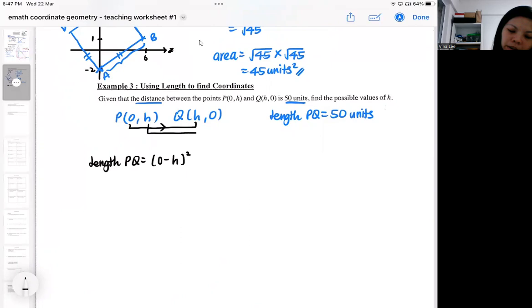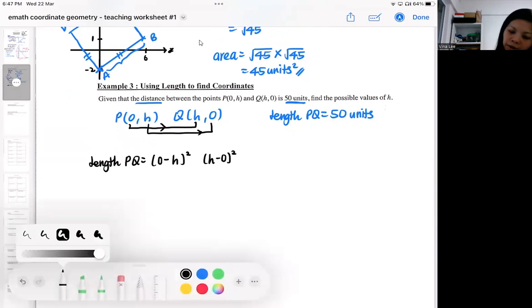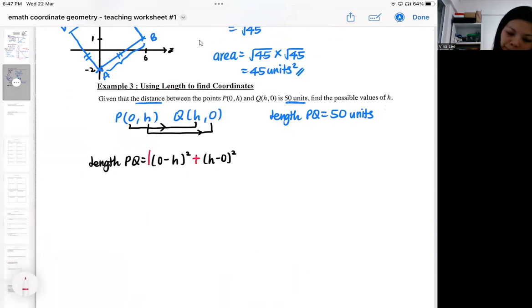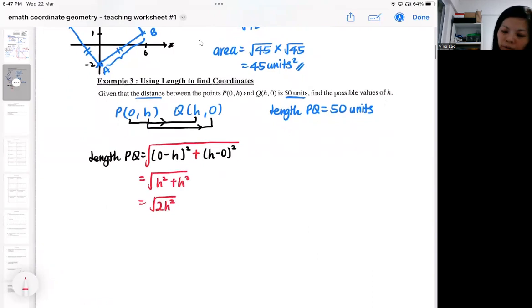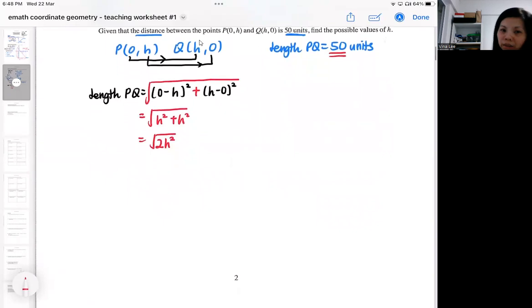For the y coordinates, you also subtract and square it. Then you add them up and take a big square root, like the Pythagoras theorem. So here you get h squared, and here you get h squared. In actual fact, it is 2h squared, so the square root of 2h squared is equal to 50 units.